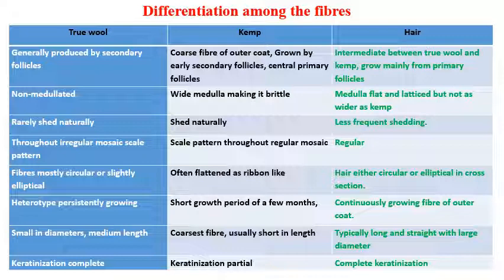Generally, the thumb rule is the more the diameter, the more the length. Then finally, there is complete keratinization in the case of true wool, whereas in the case of kemp there is partial keratinization, and in hair there is complete keratinization. So this is a comparison of three types of wools.